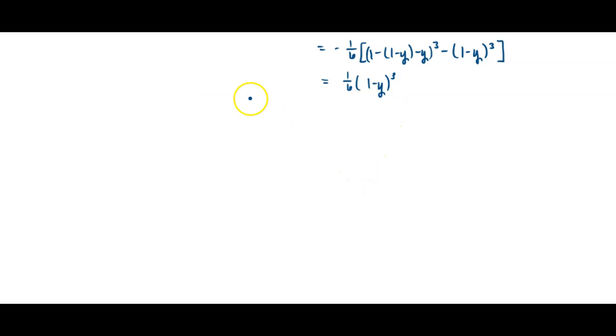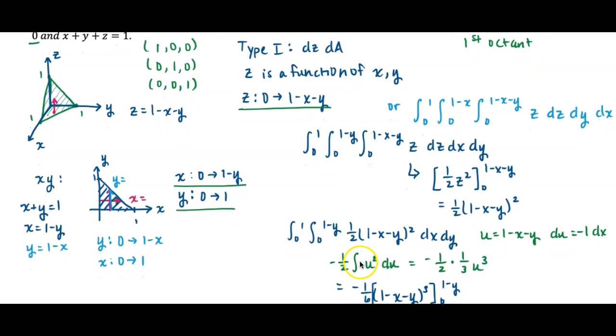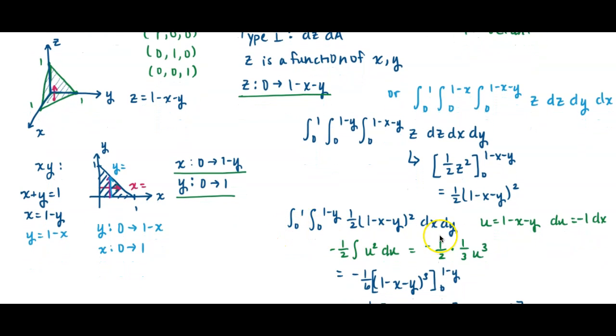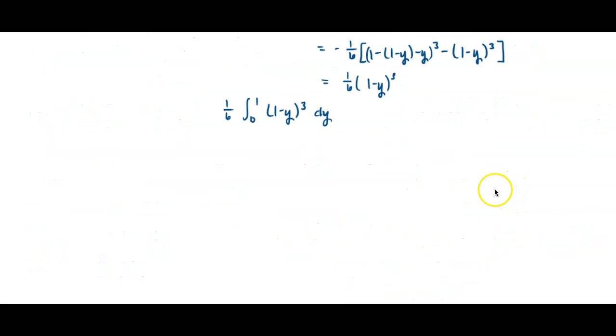All right, and then our final integral was from 0 to 1 of, let me pull this 1/6 out to the front, (1 minus y) cubed dy. Let's just double check that. Yep, so this outermost integral from 0 to 1 dy.